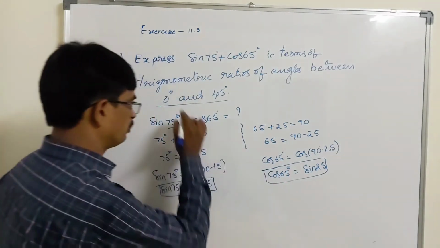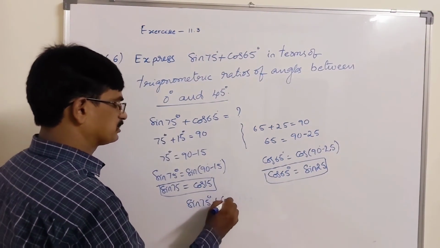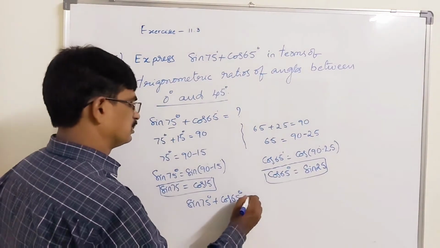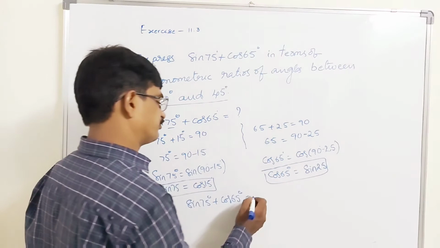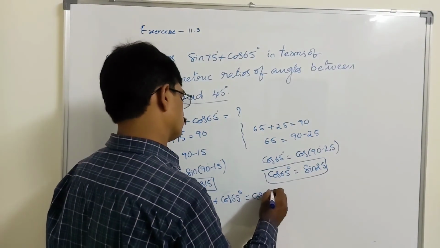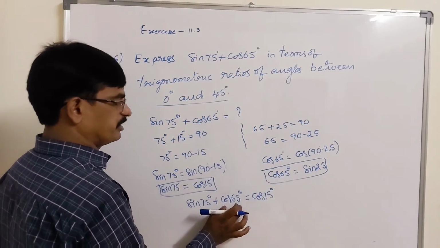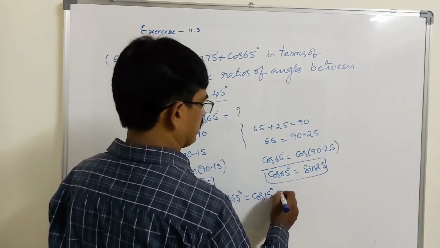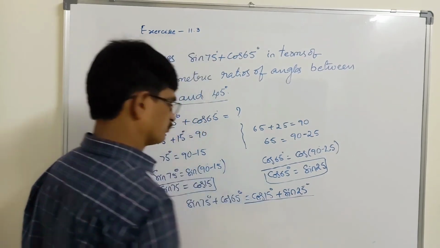Now write the given trigonometric expression. Sin 75 degrees plus cos 65 degrees is equal to, sin 75 is replaced by cos 15 degrees, cos 65 degrees is replaced by sin 25 degrees. Okay.